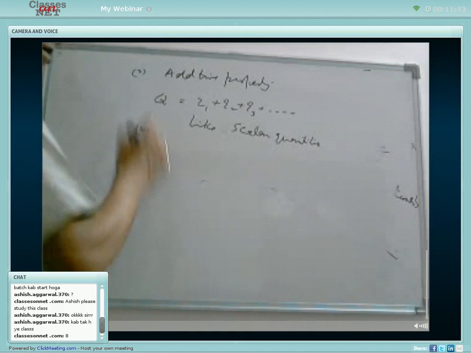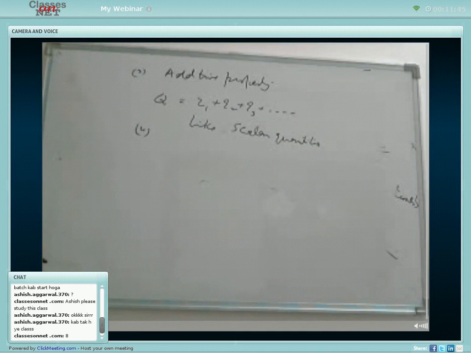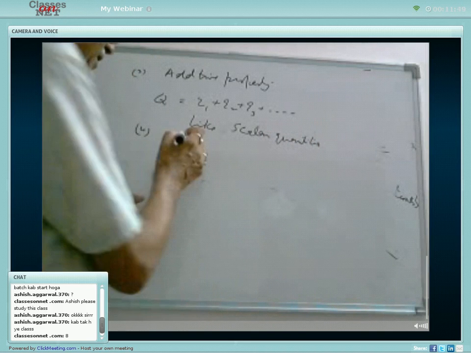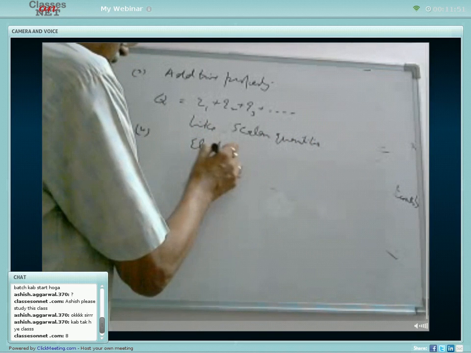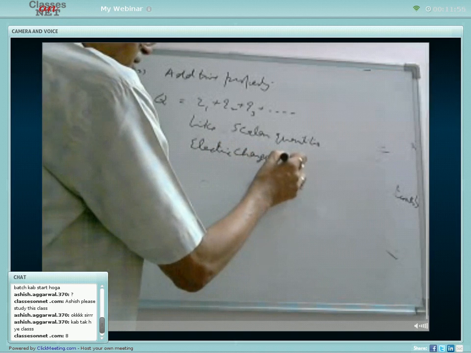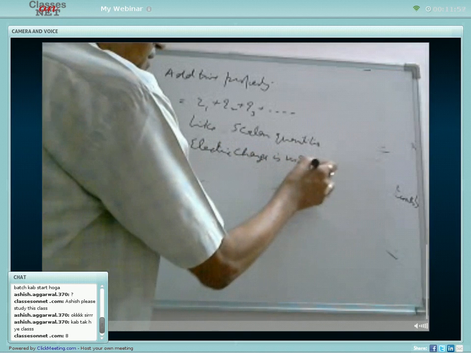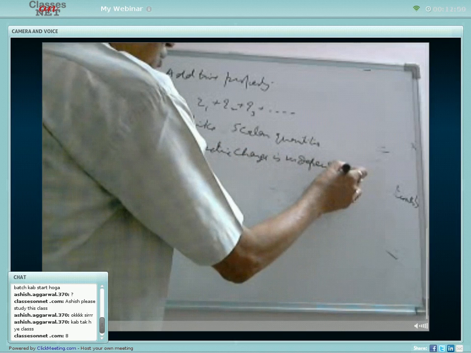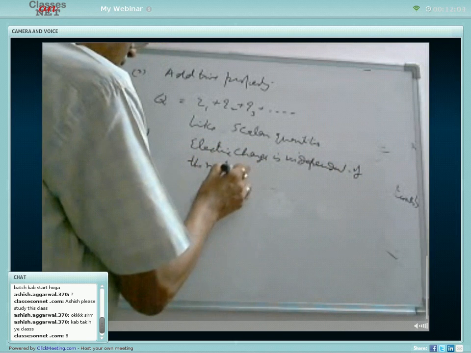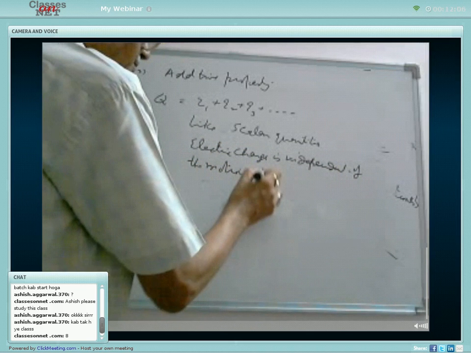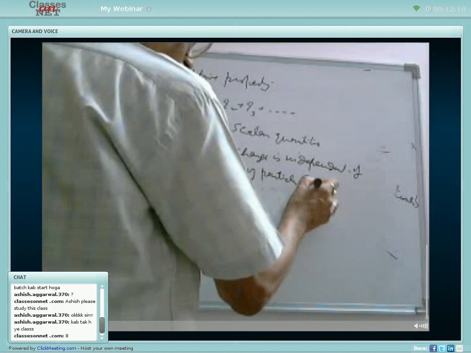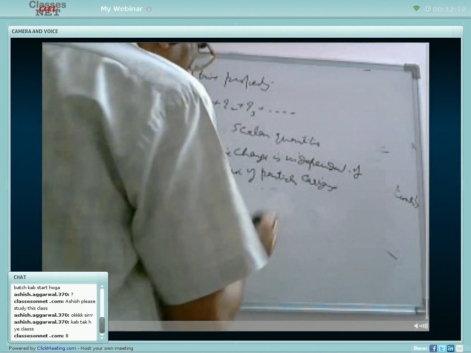Then another property is that the charge on a body is independent of the motion of the particles. Electric charge is independent of the motion of particles carrying charge.